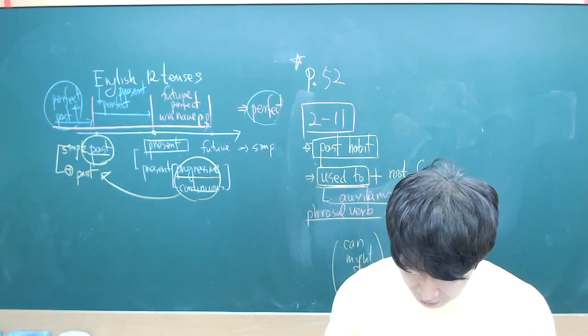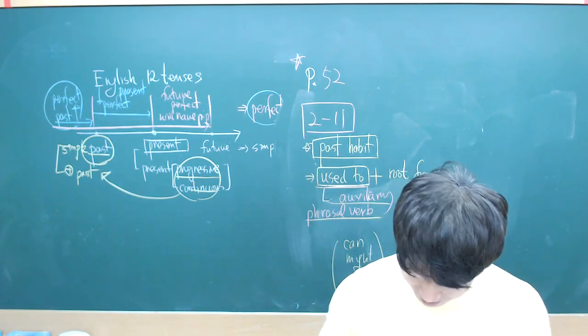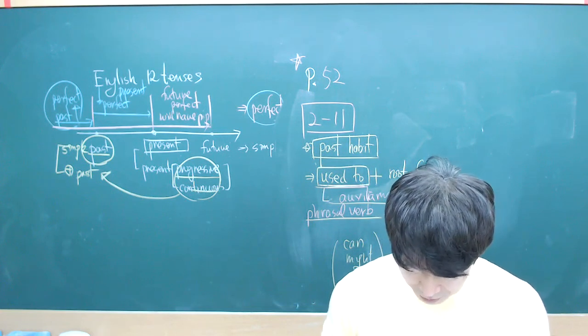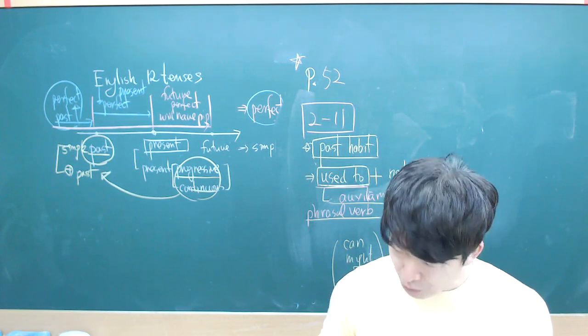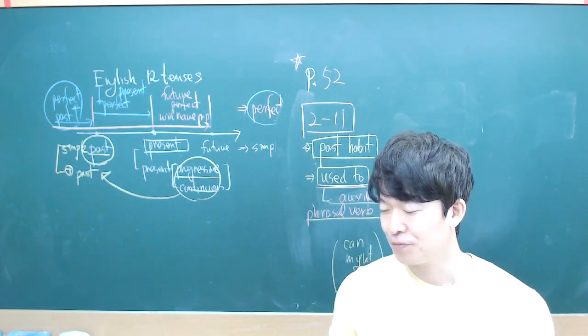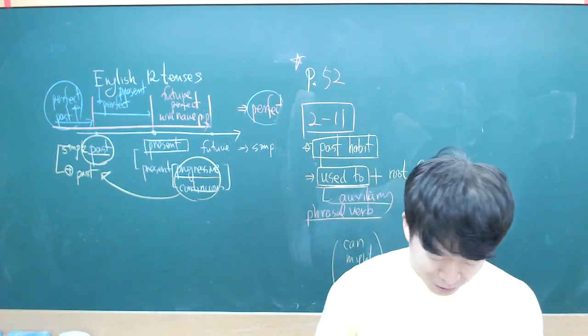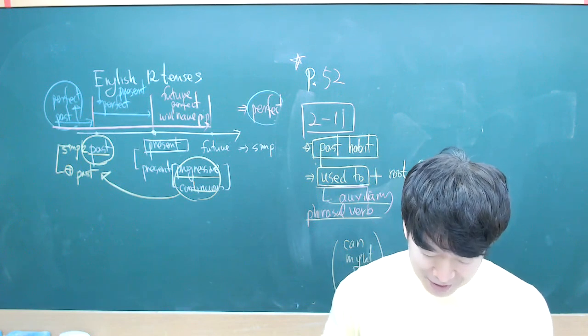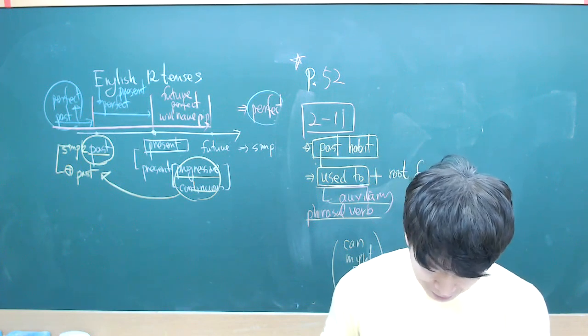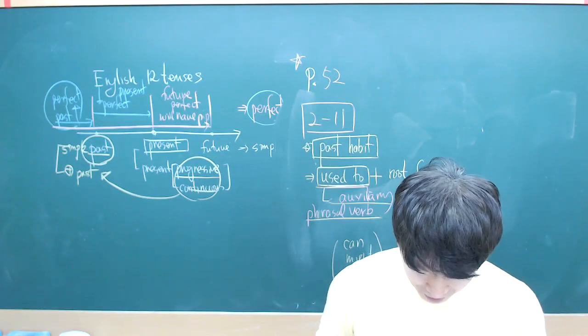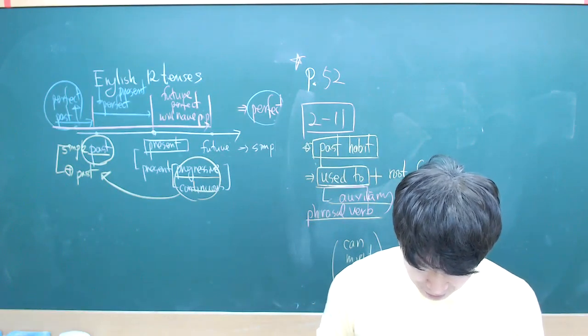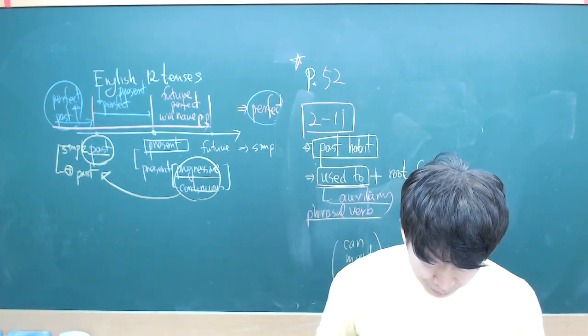Margot taught English in the past, but now she works at a publishing company. So the expression used to expresses past habit. And you can drill yourself using exercises 26 through 28.